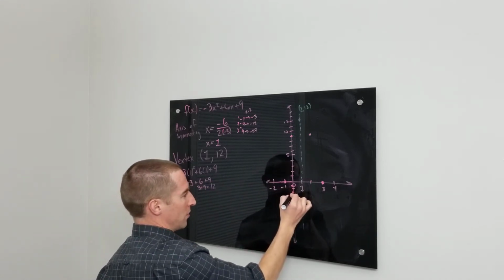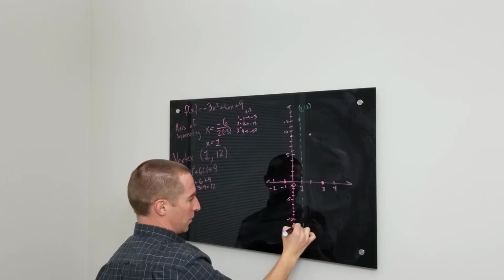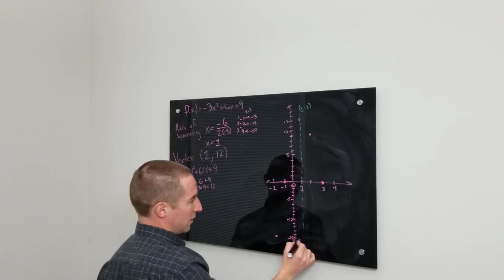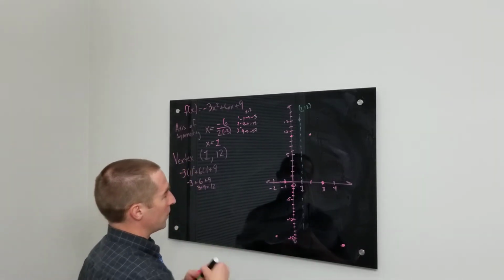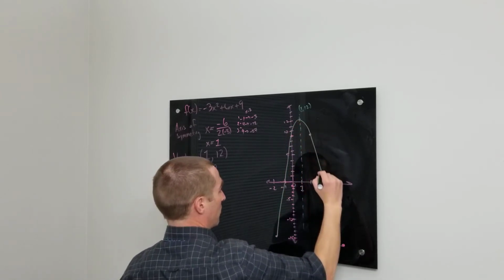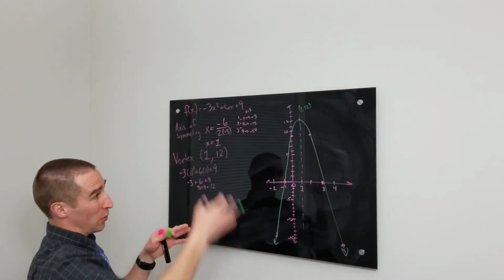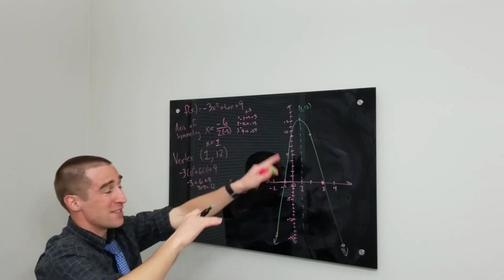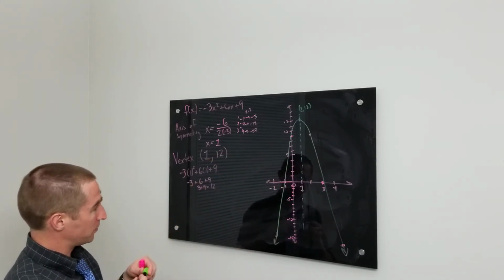So 1, 2, 3, 4, 5, 6, 7, 8, 9, 10, 11, 12, 13, 14, 15. So negative 15, negative 15. There we go, and I can just draw the curve through those points. Notice how I counted out where each point went. It doesn't look perfect, since I'm drawing it by hand, but you can see that I drew it out and counted it out.